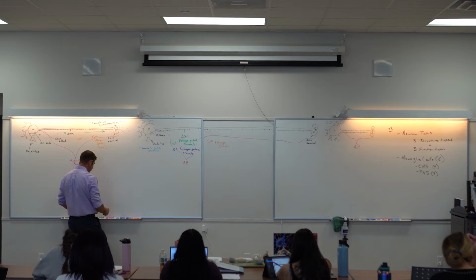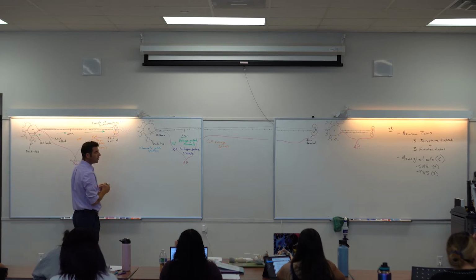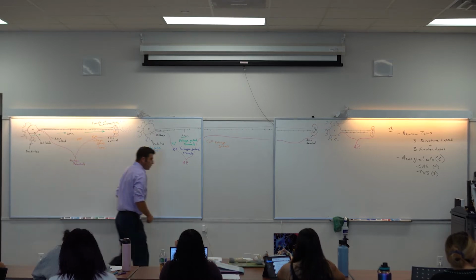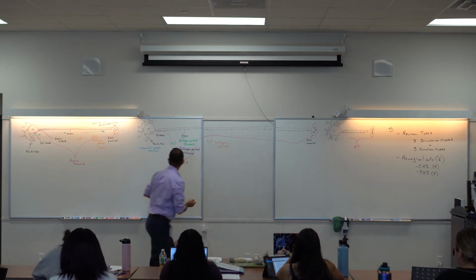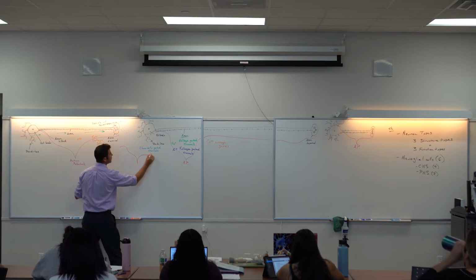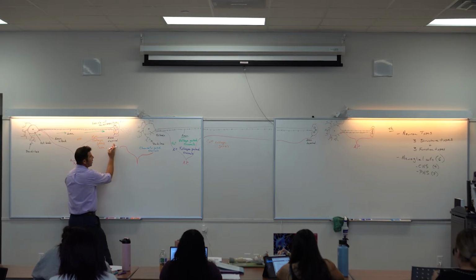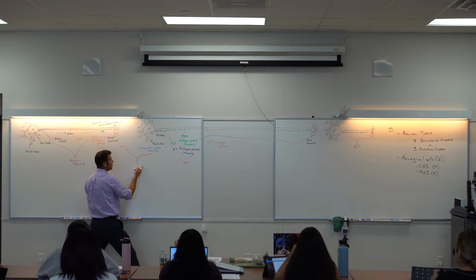Let me try and get a different color. I don't think that's different enough. We haven't used the red color yet. These places where there are chemically gated channels, where we have a release of neurotransmitters, the dendrites and cell bodies, these are going to be chemically gated channels with chemical signals.